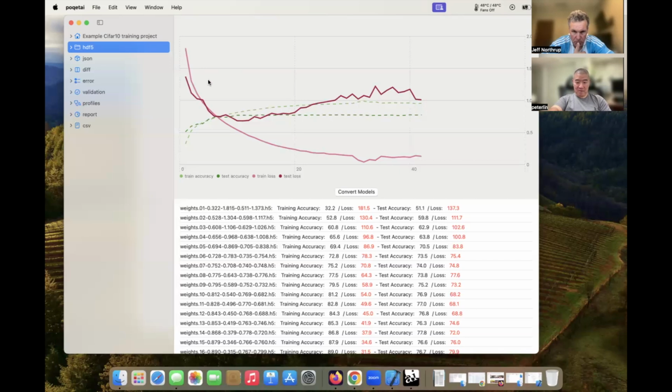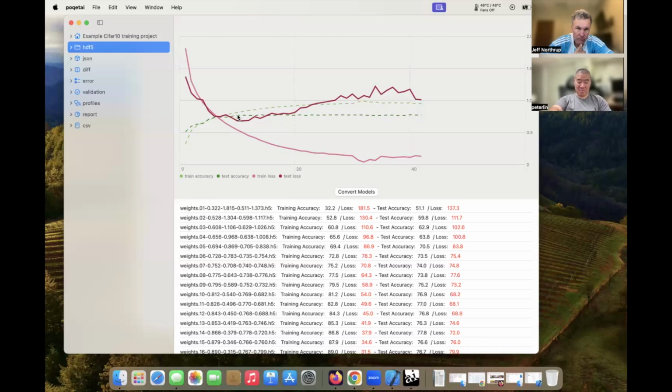So the loss was less: 137 versus 181. And the test accuracy was at 51. Here we see the dark line also plateaus, but much sooner than in the training data.